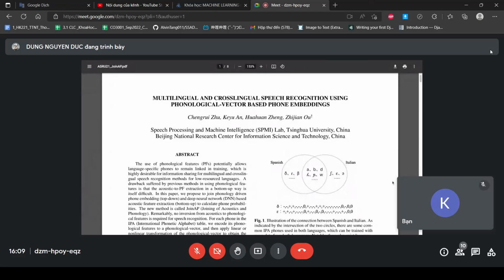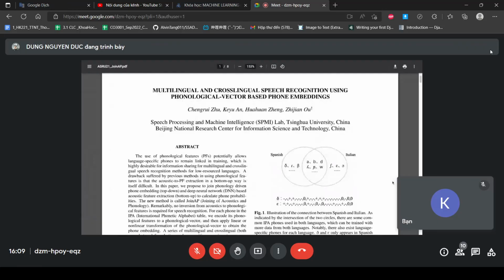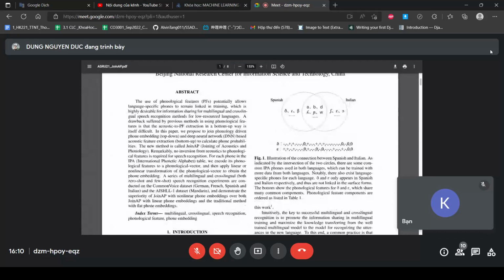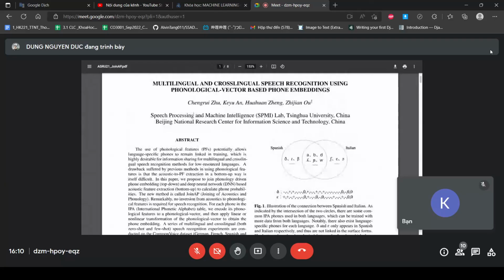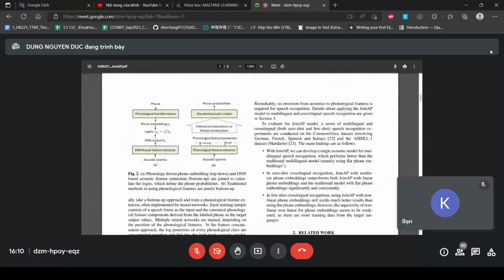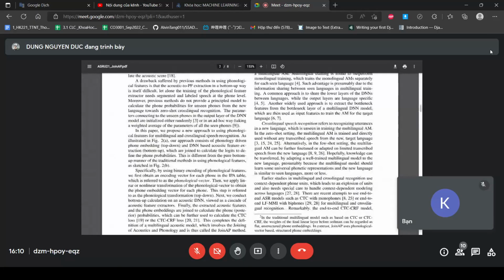So in that case, the mixing between languages is something that occurs in the modern world, and you have to accept the fact that we need to build multilingual and cross-lingual speech recognition systems. And so this paper proposed an idea to improve that problem.